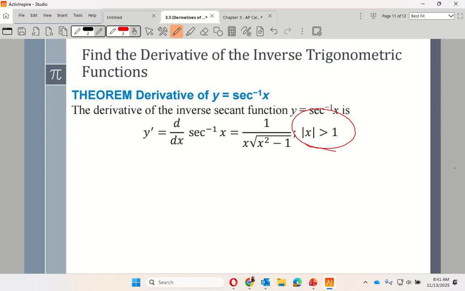So I could have negative 2 because can I have negatives inside the radical? No, because that's a square root, isn't it? I cannot have negatives inside the square root because that's going to be imaginary, non-real answers. I'm not dealing with that. So I'm only dealing with this part right here, and so you've got to be careful with what we're plugging in for these things.